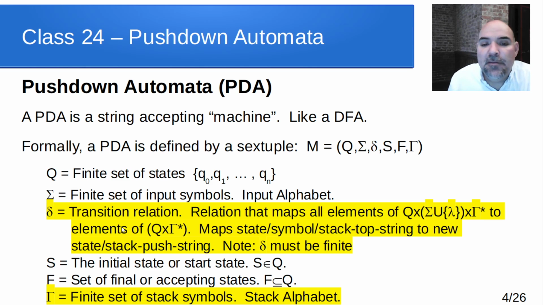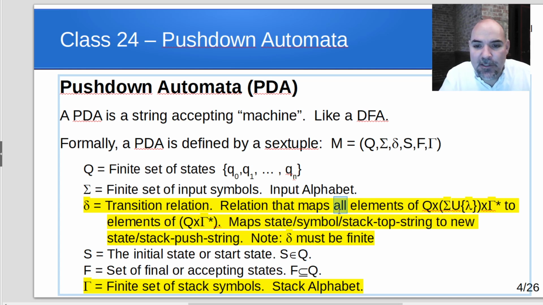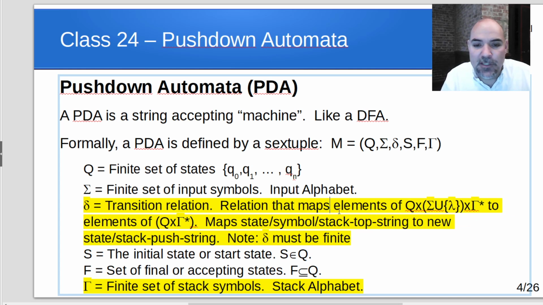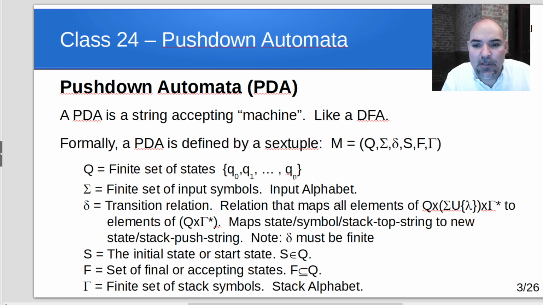And what it does is it maps elements of Q cross sigma union lambda cross that. I should really fix that and take out the word "all", because it's not a total relation. It's just a relation, so it doesn't have to be all of them. And let me go back a page and take out that "all" there as well.